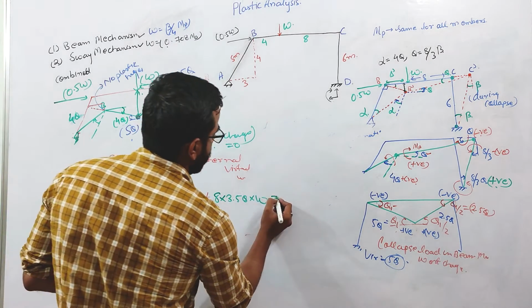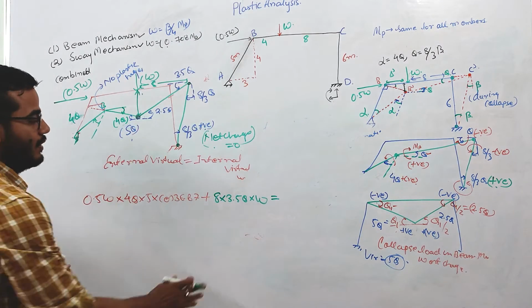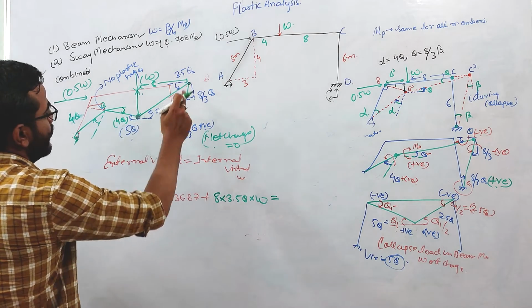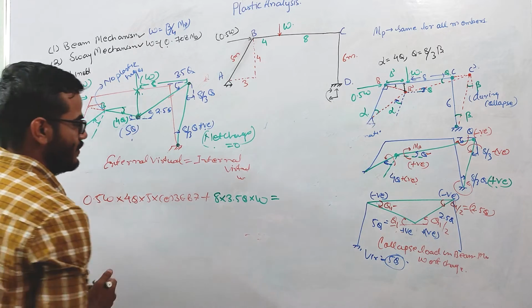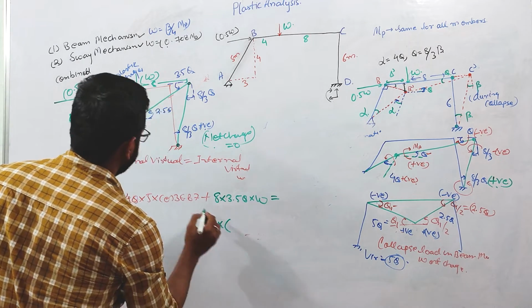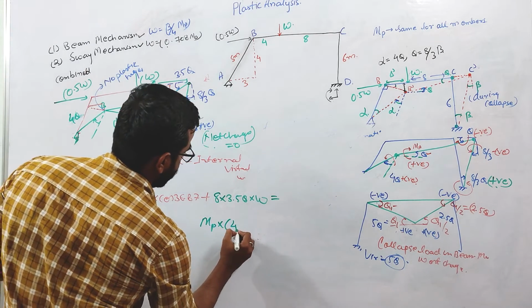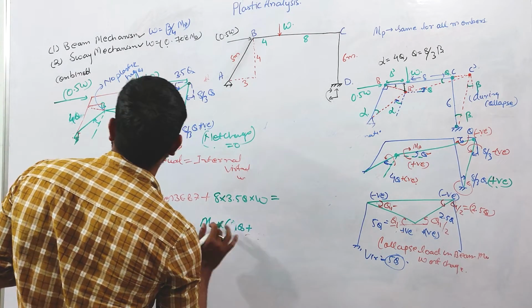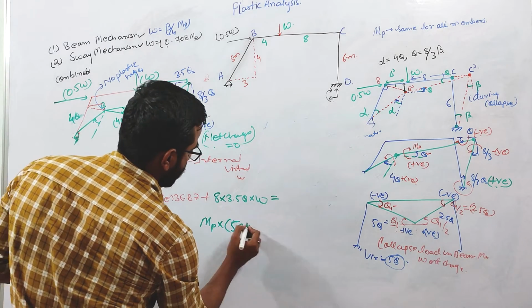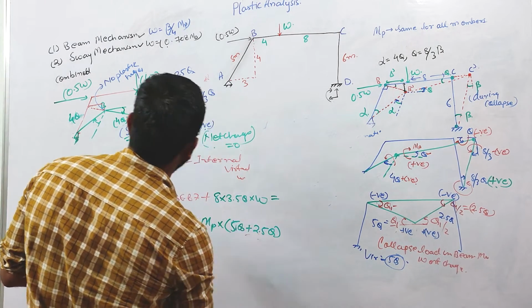This should be equal to our internal virtual work. Internal virtual work will take place at the locations of the plastic hinges. At this one, the moment is MP and the net rotation is basically 5 theta plus 2.5 theta.